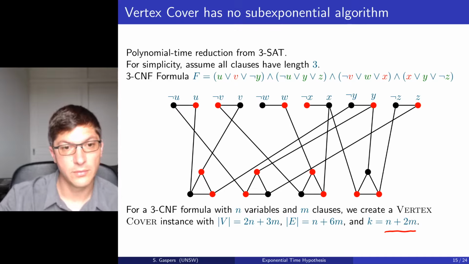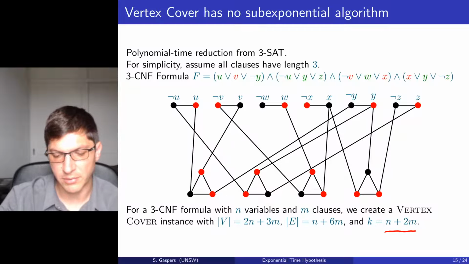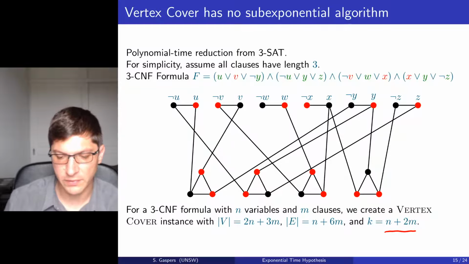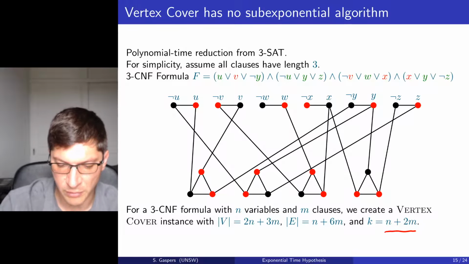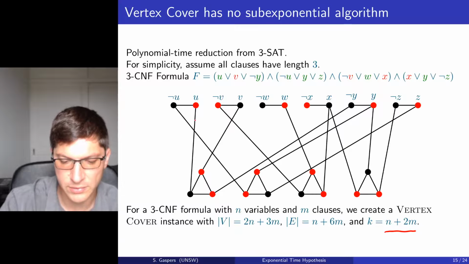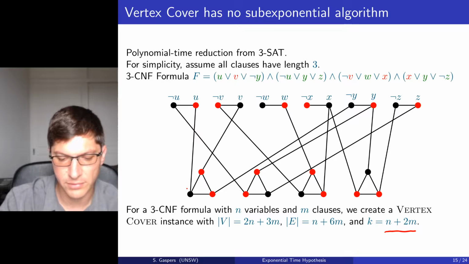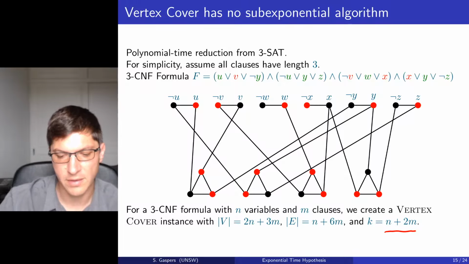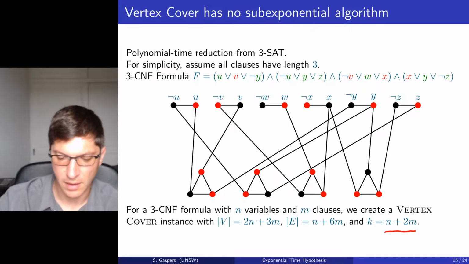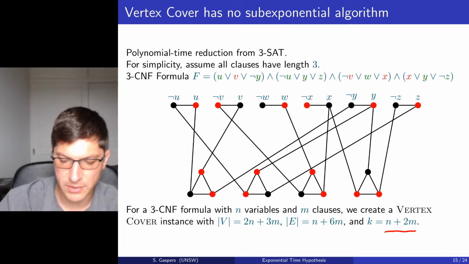Okay, so if we're given the 3CNF formula with n variables and m clauses, we have created a vertex cover instance with how many vertices? Well, we have 2 vertices for every variable, and we have 3 vertices for every clause. So the number of vertices is 2n plus 3m. How many edges did we create?